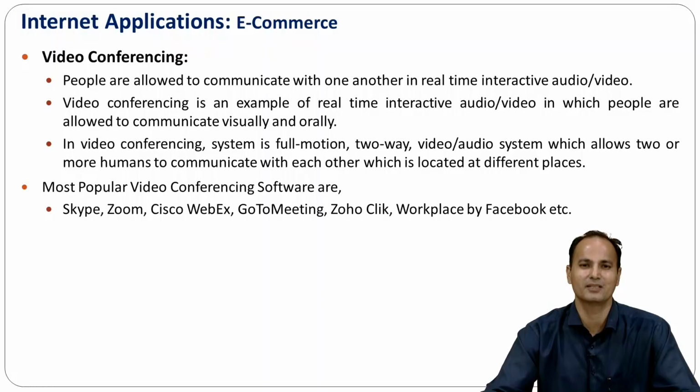A video conferencing system is a full motion, two-way video and audio system which allows two or more humans to communicate with each other while located at different places across the world. Most popular video conferencing software are Skype, Zoom, Cisco WebEx, GoToMeeting, Zoho Click, Workplace by Facebook, etc. So these are various platforms through which video conferencing can take place.